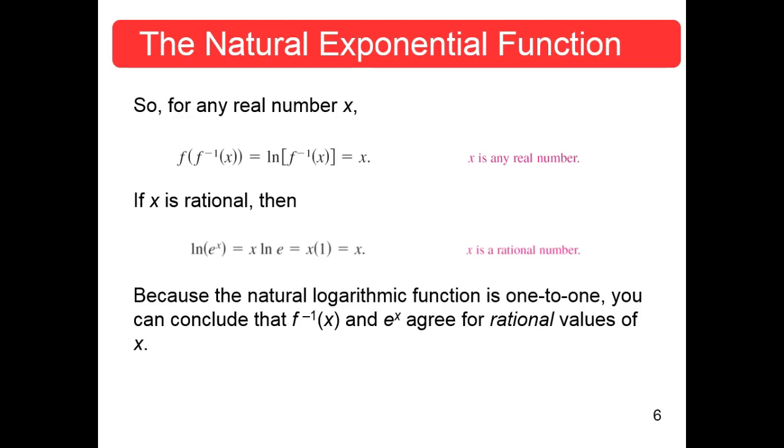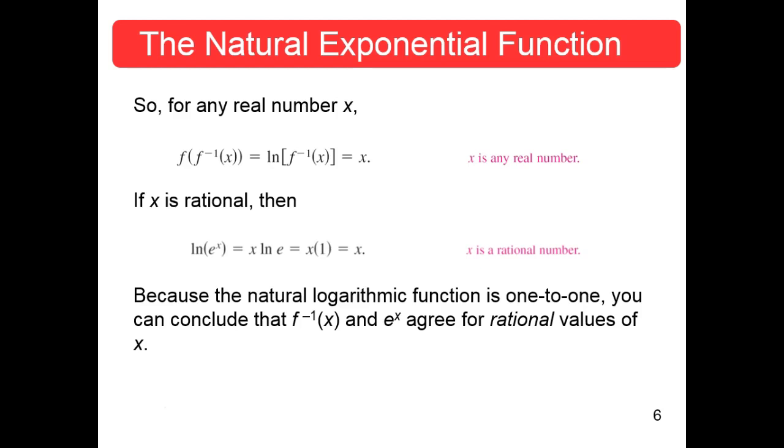The inverse function of your log function is your exponential function. So know this: log of e to the x would then be x times log e. Log of e is 1, and that's equal to x. So that's true for any rational number x. Frankly, it's true for any number as x.